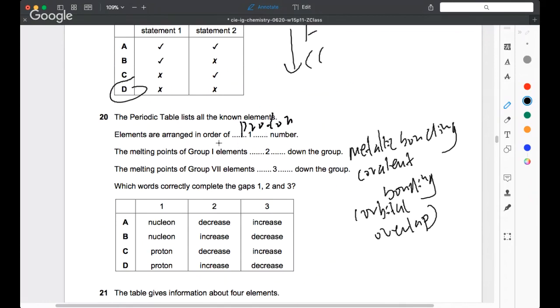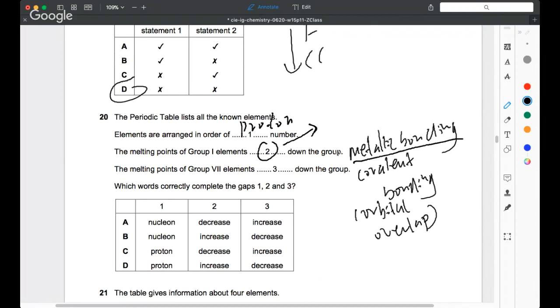And 2, melting points of element. It should decrease down the group because group 1 elements are metals. So they are governed by metallic bonding, the strength of which decreases down the group because the size of the metallic radius of the atoms increases.